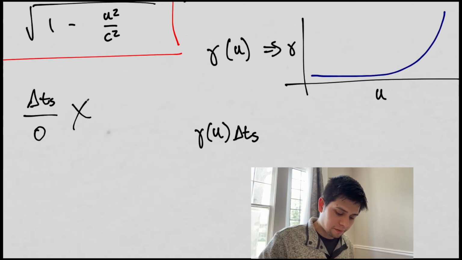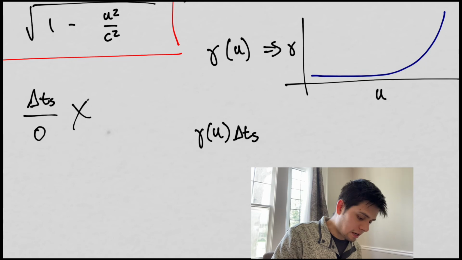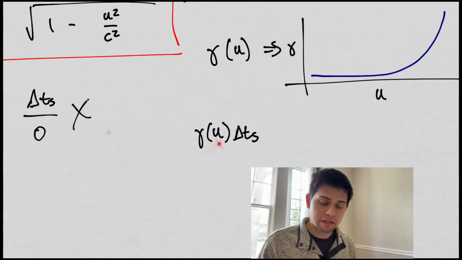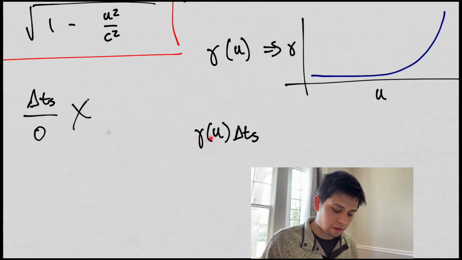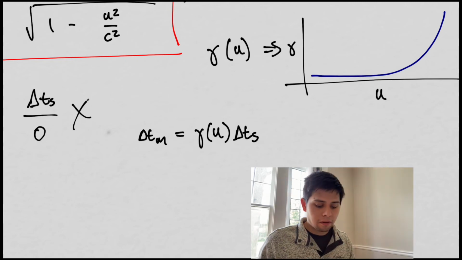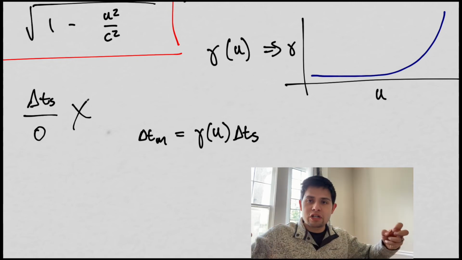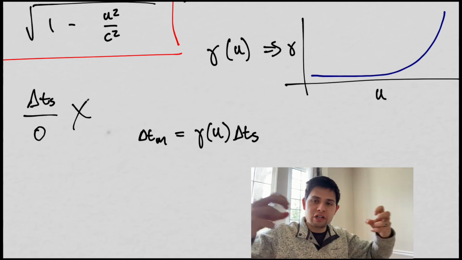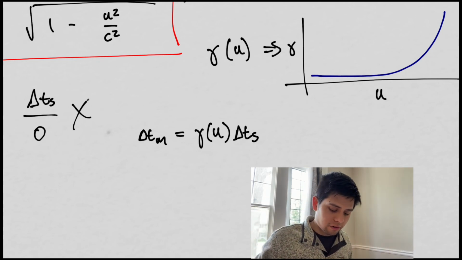And again, this is time dilation. If u increases, this is going to increase, and so our delta t is going to be a stretching, a largening, if you will, of delta t sub s.